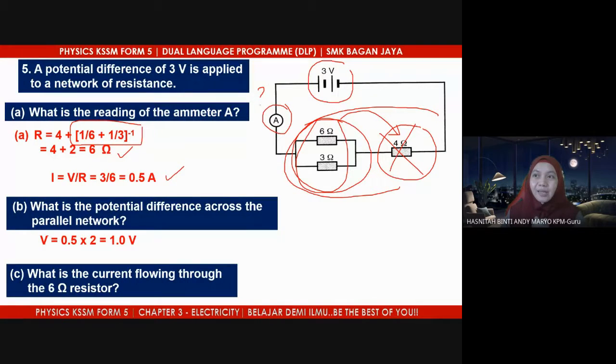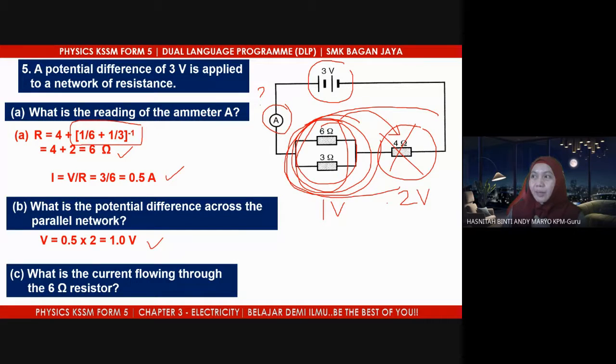So you kena kira macam ini, potential difference across the parallel network. So apa formula dia? V equals IR. Ini effective resistance here in this branch, 2 ohm. So which means 1 volt. So here is 1 volt, which means in this series berapa volt? Sini should be 2 volt.